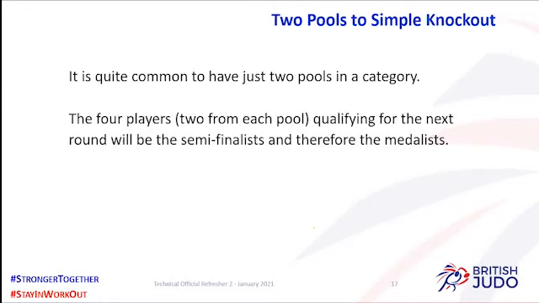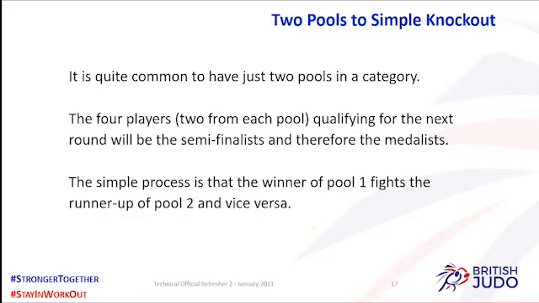So the 4 players, 2 from each, qualifying for the next round will be the semi-finalists, and obviously automatically the 4 people that go through will be the medalists, because there's only 4 in the knockout. So the semi-final winners go into the final, the semi-final losers become the bronze medalists. The simple process is that the winner of pool 1 fights the runner-up of pool 2 and vice versa.